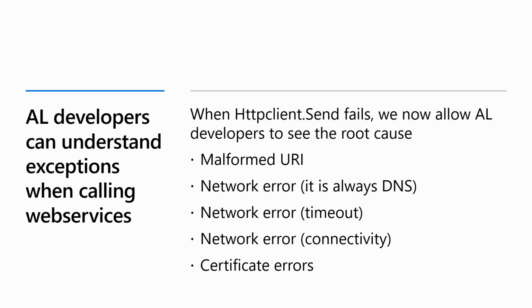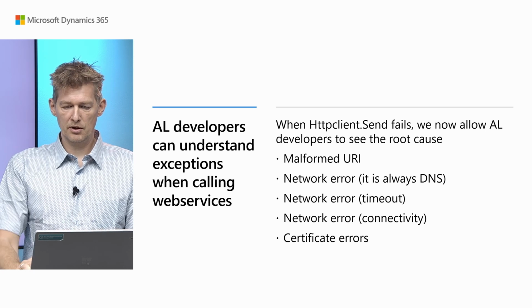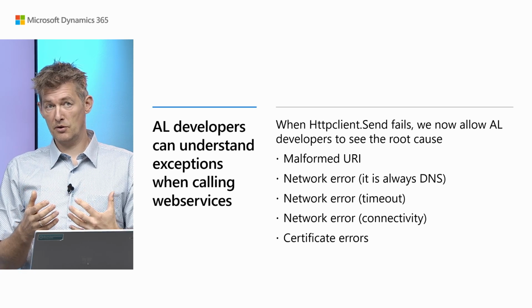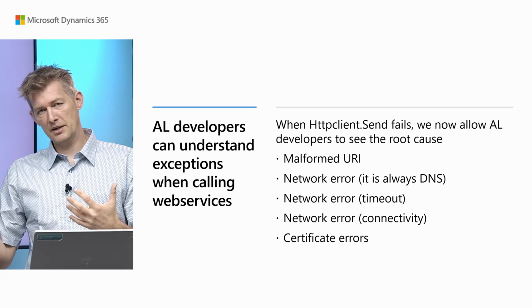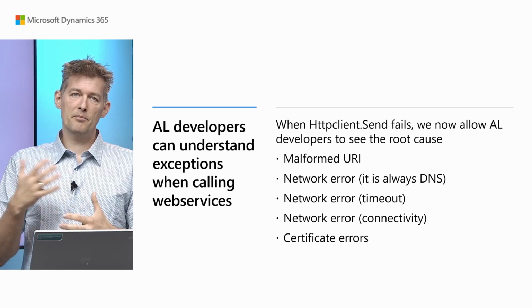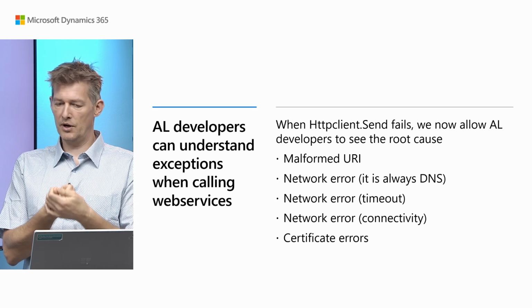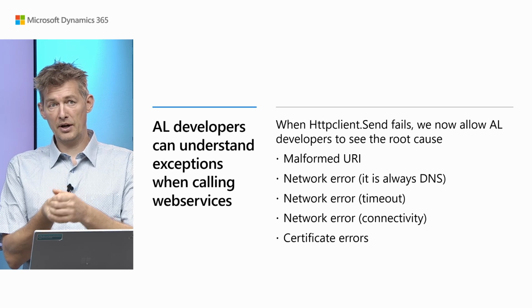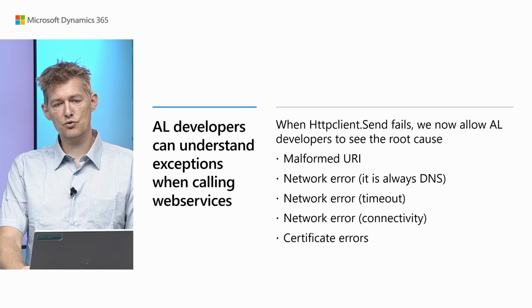We also made it possible when you call out, in case HttpClient send fails, even before passing a return code, there are different ways it can do it. Maybe you didn't write the correct URL, or maybe you have a network error, or maybe you have a certificate error. So we made that easier for you to troubleshoot.